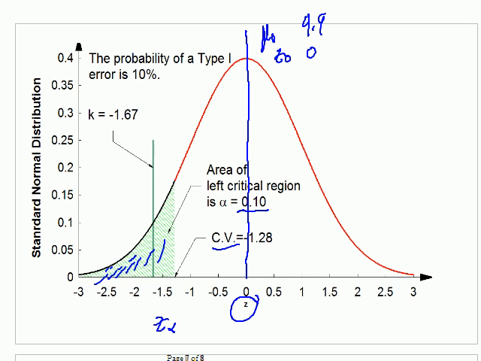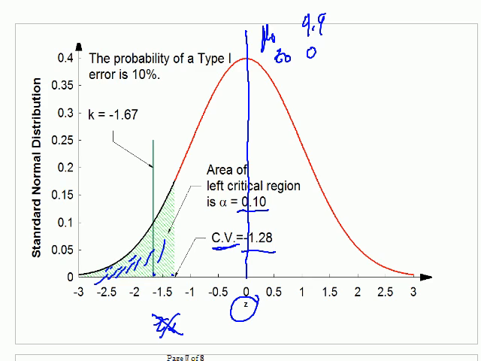We used to call Z alpha over 2 because we always had two tails, but here we can have one. I just mention it for that reason. But now the critical value, which is really a Z value, right at the edge of the critical region, is minus 1.28. Now you have your test value in terms of Z is minus 1.67. As you see, that measurement is over here in the critical region. Therefore, the null hypothesis is rejected.